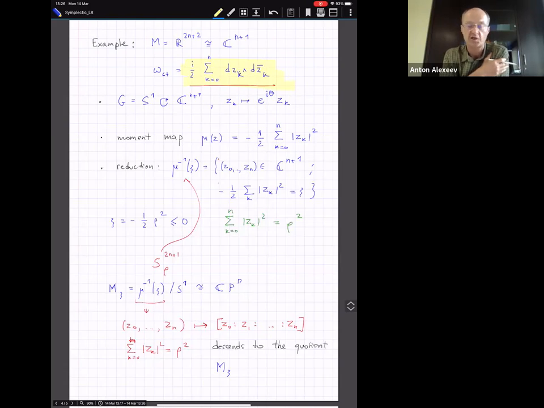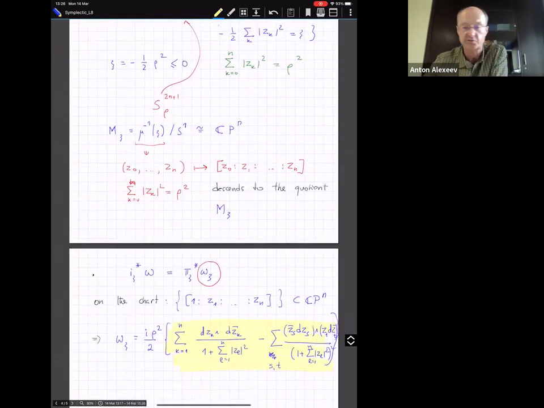It's just dz_k bar. And now we just go through this very simple reduction procedure. And we do get an interesting formula. I was fighting for a long time when computing it for this class, just for myself, with factors of 2 or something. But at least it doesn't look completely obvious.